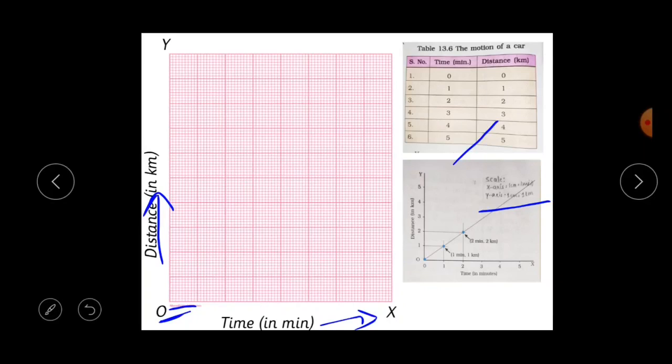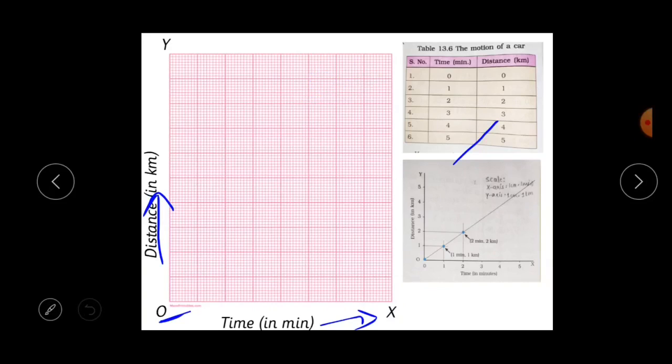Here we have the time in minutes. On the y-axis, 1 centimeter is equal to 1 kilometer, as the distance is given in kilometers. This will be your scale, and you have to write your scale here.